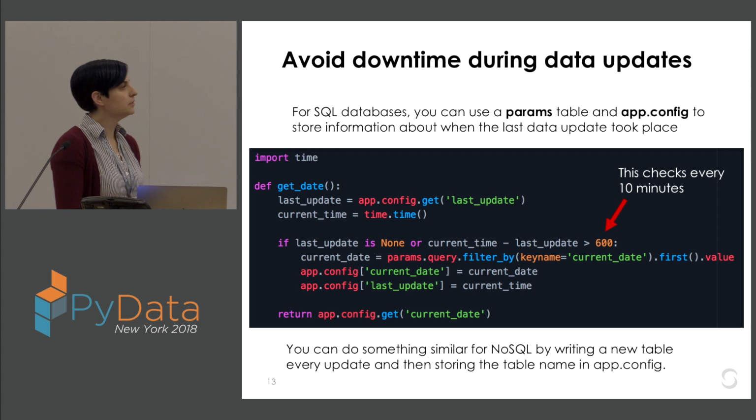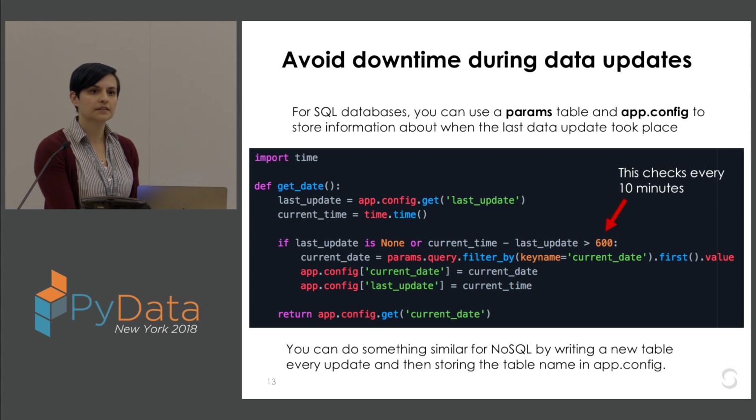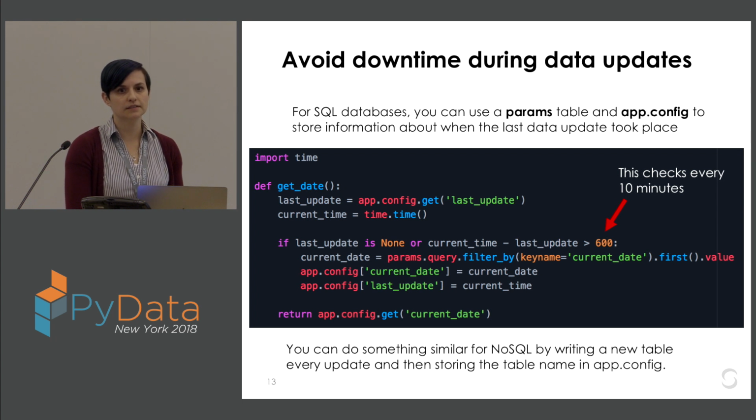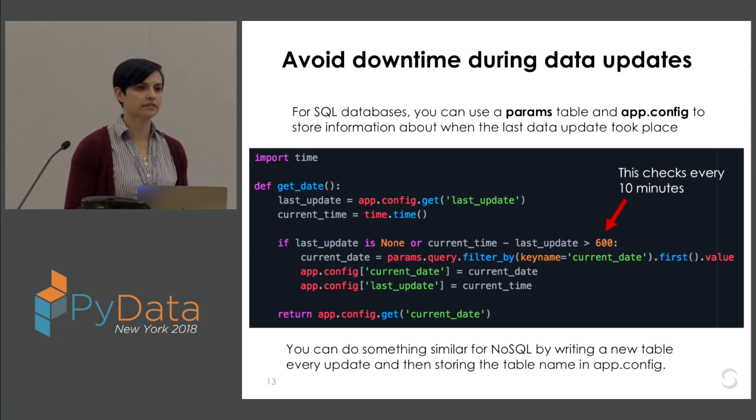Again, I'm using the app config for this. app.config is something you can store anything in that you want. In this getDate function, I'm storing the date of the most recent data update. If you remember from my toy example before, this data set gets updated every day by appending a data table, but things can go wrong there.